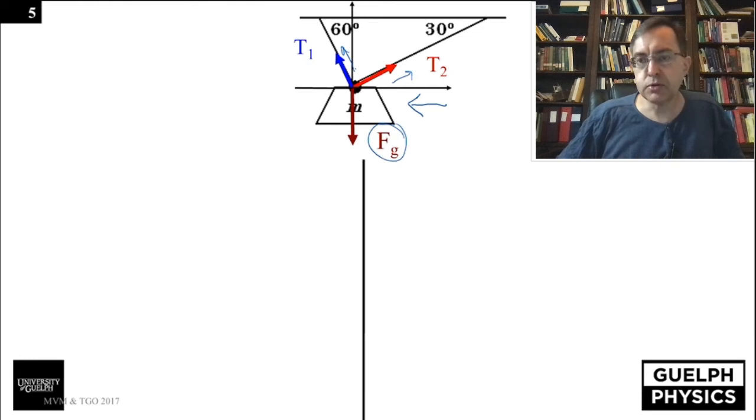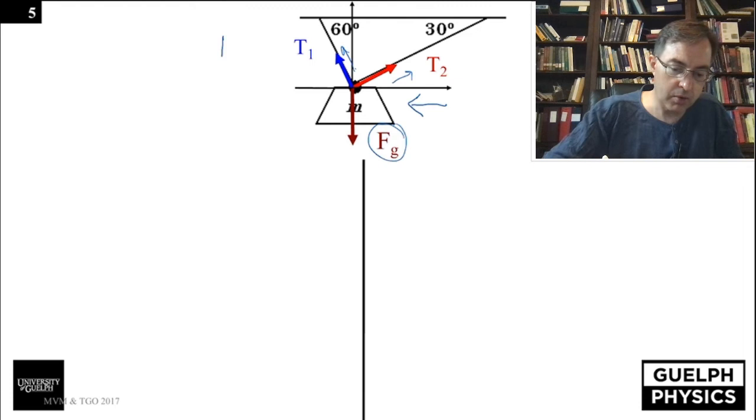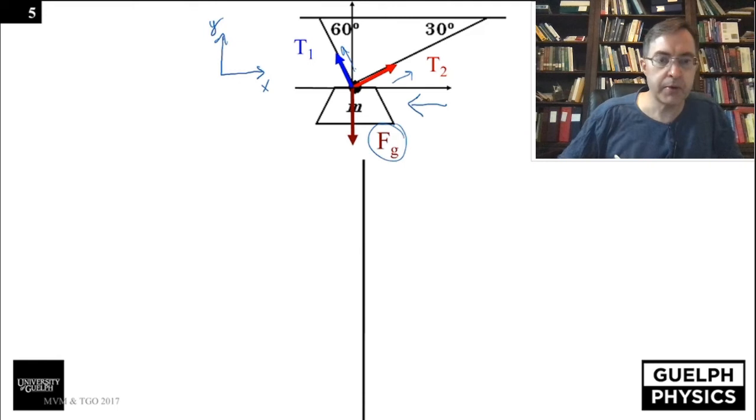Then I want to create a coordinate system. And so again, I'll create a coordinate system here where to the right is positive along x and up is positive along y. Then I'll want to solve the motion in both the x direction and then separately in the y direction. And so I divide this line down here.